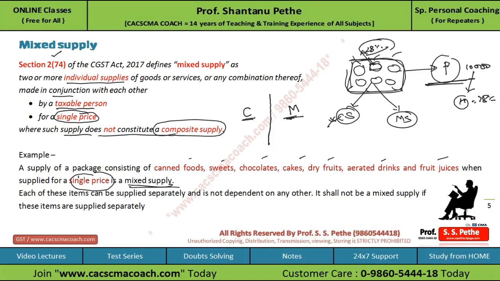In case of a composite supply, the GST rate which is applicable on the principal supply would be taken for this composite supply, whereas in case of mixed supply, the highest GST rate which is applicable for any item in this mixed supply will be taken as the GST rate for this mixed supply.